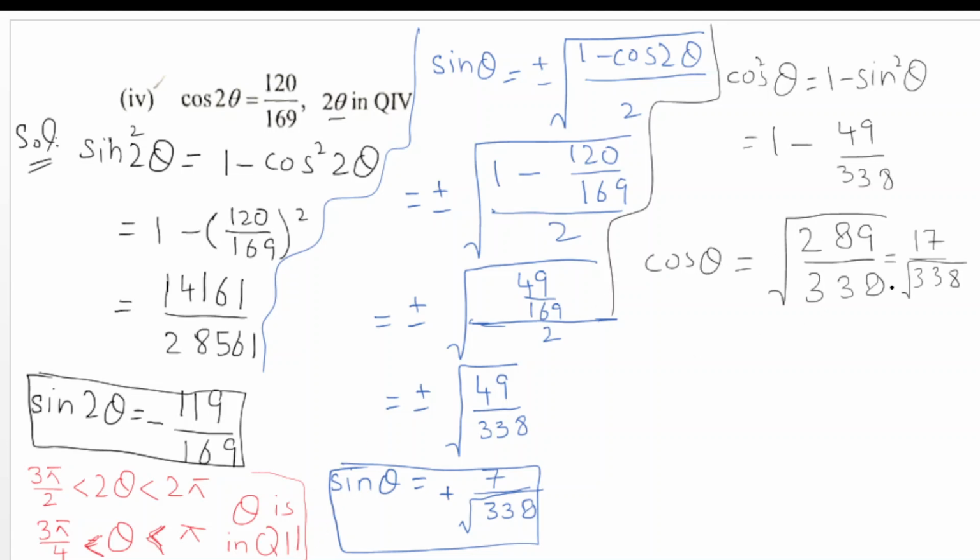Theta is in the second quadrant, so cos will be negative. So cos theta is negative 17 by the square root of 338.